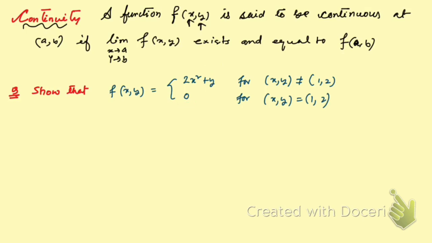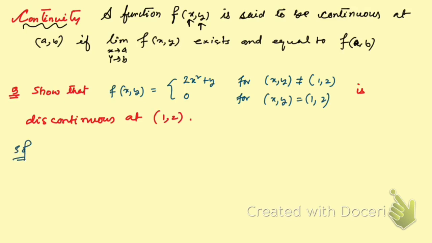So we need to show this function is discontinuous at (1, 2). How to solve this?